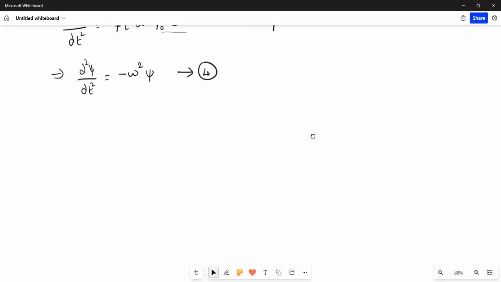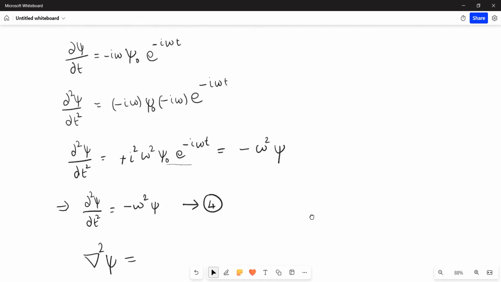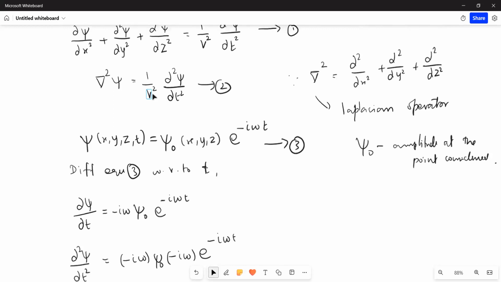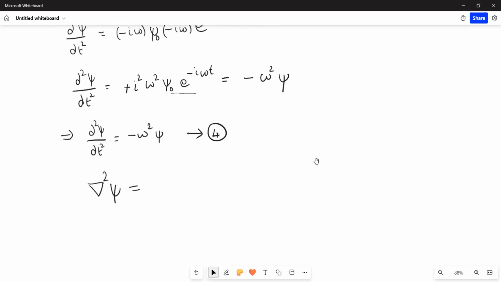If you substitute it, what will you get? Del square psi is equivalent to 1 by v square, and instead of dou square psi by dou t square, you substitute minus omega square psi. So finally, what you will get is minus omega square by v square psi. That's all. This is equation number 5.